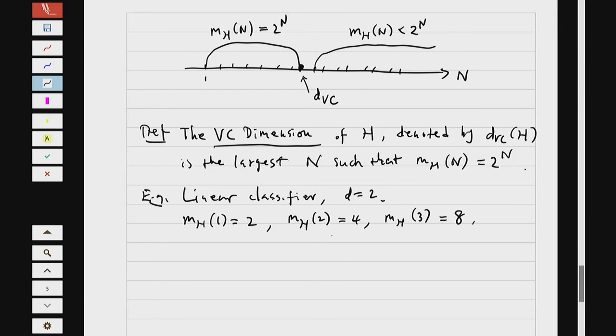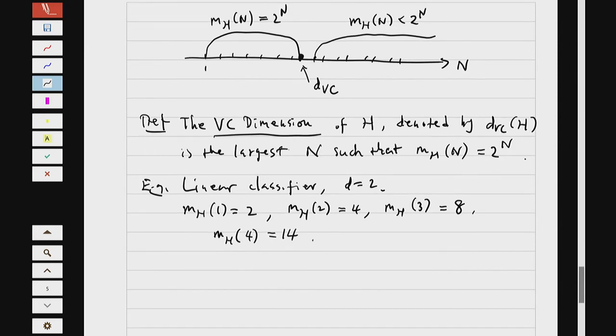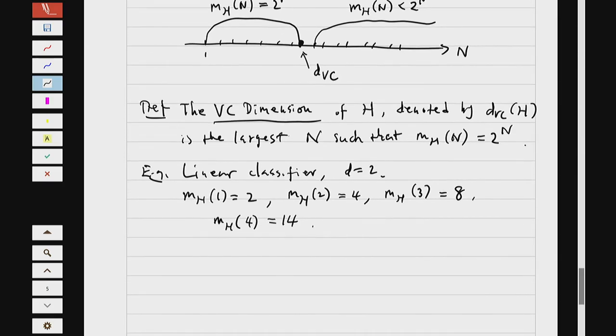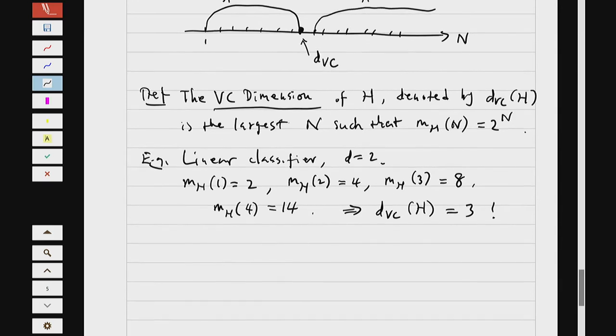And then MH of 4 equals 14. So 3 is the largest one where you still can get 2 to the nth power. Therefore we know that dVC of this linear classifier equals 3, for linear classification in 2-dimensional space.